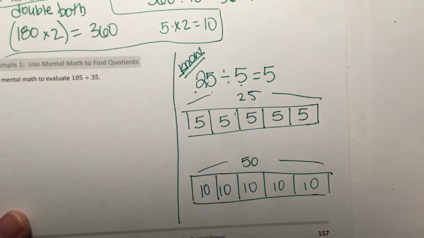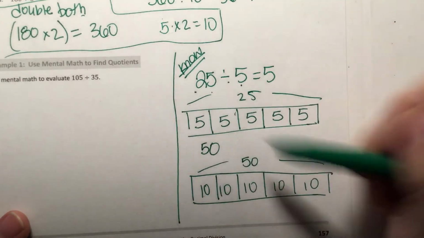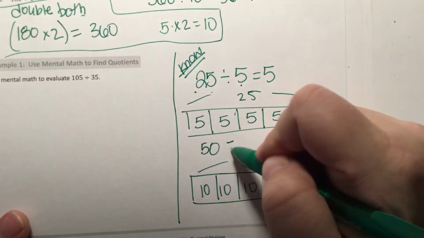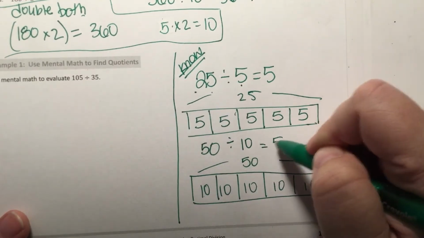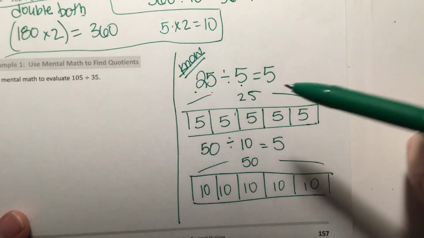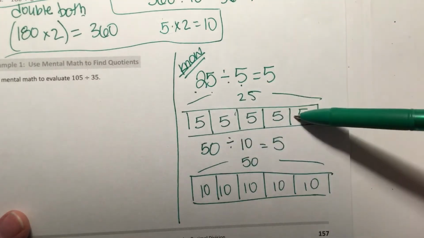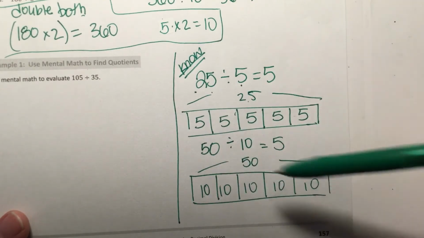What is 50 divided by? Actually, it's 50 divided by 10 equals 5, because you have 10 in each box. So we put 5 in each box. 25's our whole. We have 5 boxes.